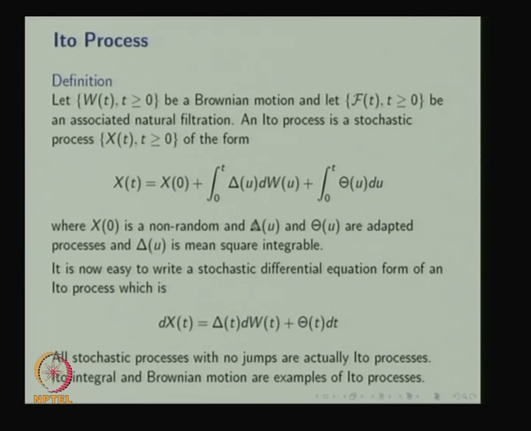If these three conditions are satisfied by X_0, delta(u), and theta(u), we can say X_t is going to be an Ito process.